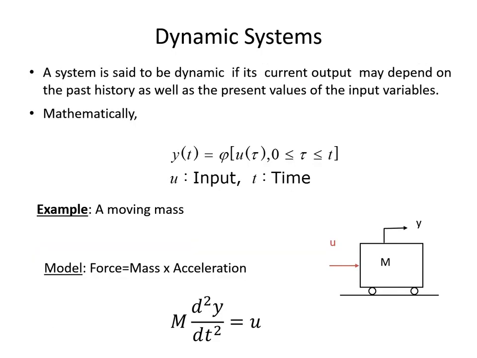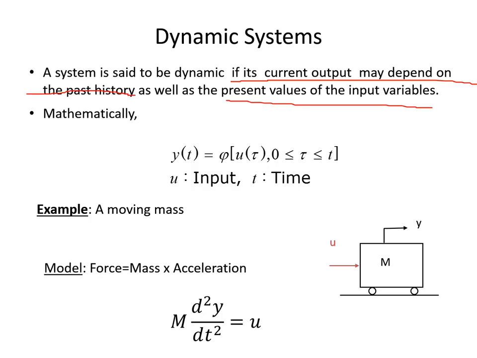What about dynamical systems, or dynamic systems? We said before that a system is dynamic if the current output may depend on the past history of the output as well as the present value of the input variables.